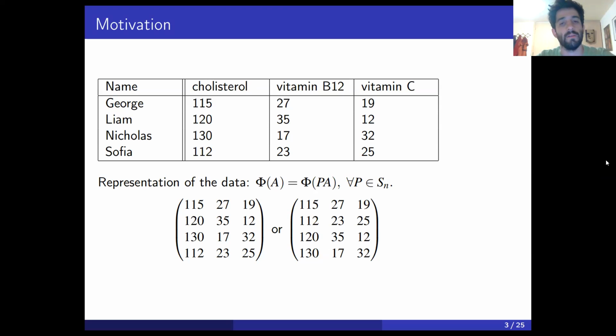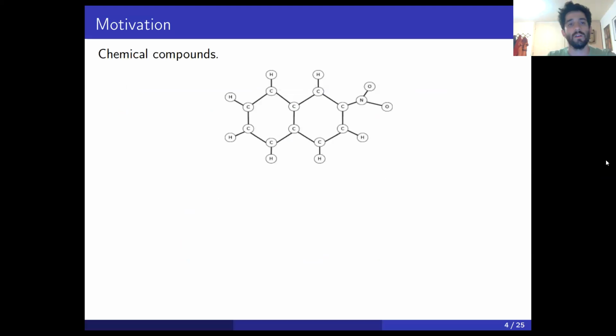Another similar example comes from chemical engineering, where we want to examine some chemical compounds to see if they're toxic or not. Chemical compounds look like this, so it makes sense to represent them as a graph, and so use the graph adjacency matrices to do machine learning.